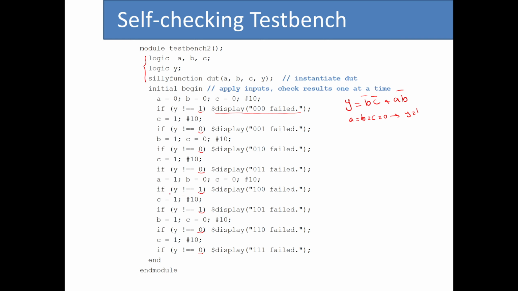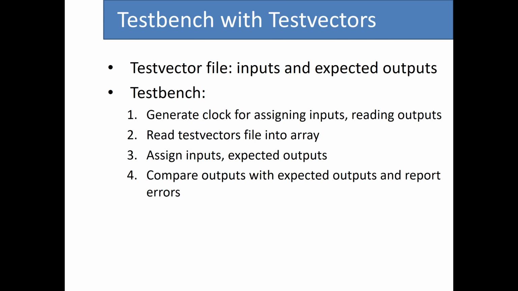So usually what we do is that we create test vectors for all the possible combinations of inputs and outputs, and then we load them into the test bench that we have. So that brings us to the third type of test bench that we can have. In this type, we have a test vector file which lists all the possible inputs and expected outputs.